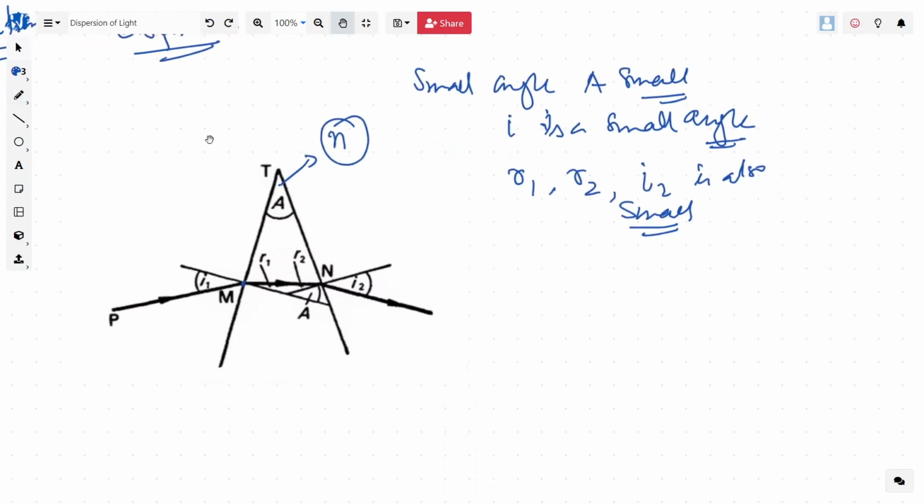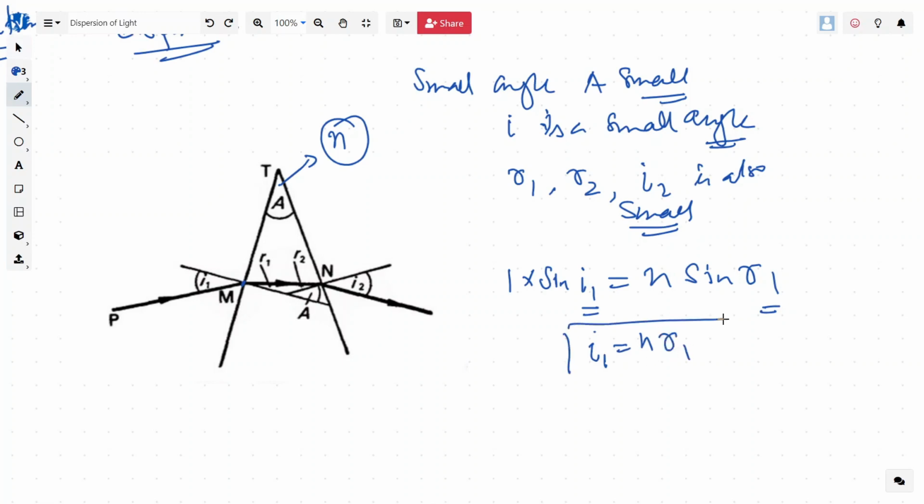So now let's write Snell's law at the interface here, at M. We'll say sine of I1 into 1, which is air, is equal to n into sine of R1, and because these angles are small, we can simply take the sine as the angle. So I1 is equal to n R1.